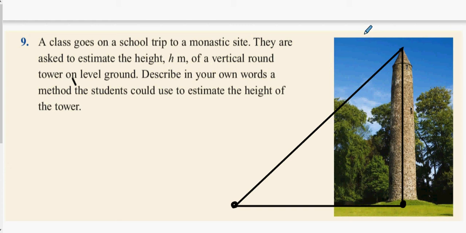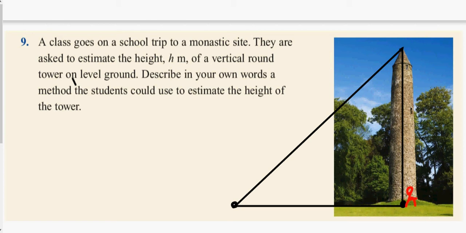The student starts at the base of the round tower, and what he does is he walks from the base of the round tower to a certain point. Oh, sorry. He starts at the base of the round tower.